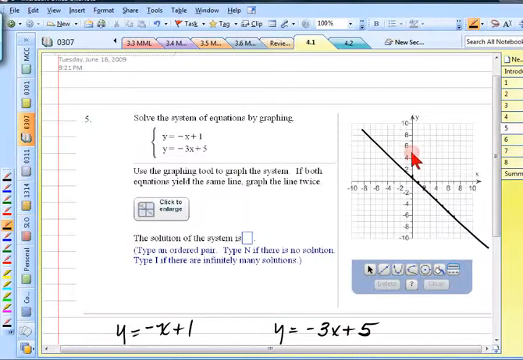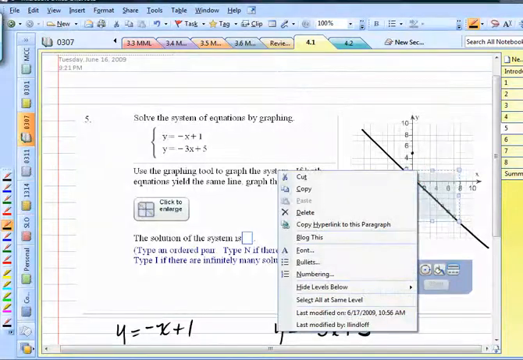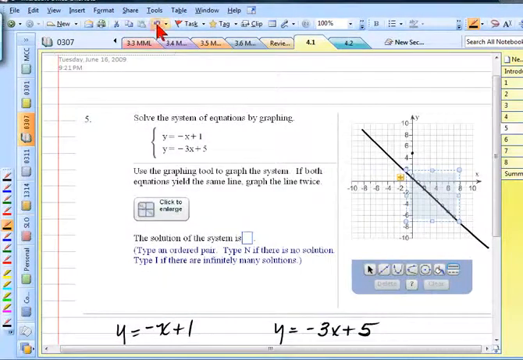Second line, where do I begin? At 5. And down 3, and over to the right 1. Whoops, again. I'm sorry, it's really cranky. All right, there's 5, down 3, right 1.